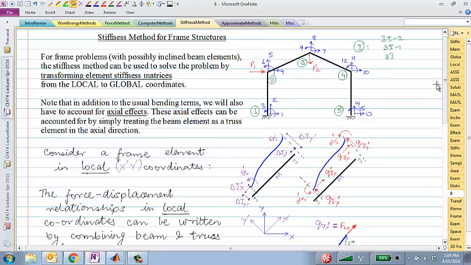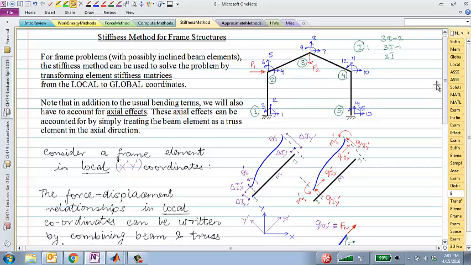I could give it a displacement in the y prime direction, or I could give a rotation in the z prime direction. Right? So each node has 3 degrees of freedom, and the question really becomes, how does this beam element behave if I were to give it a displacement in the x prime direction, y prime direction, or z prime direction? Same thing at the other end.